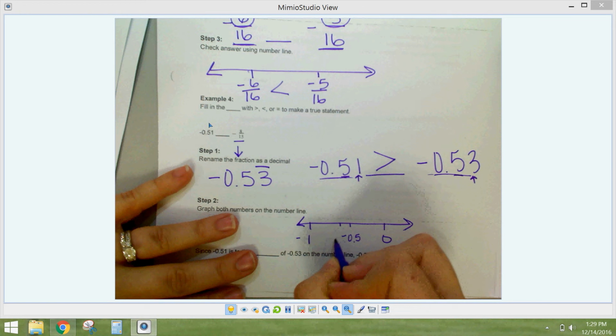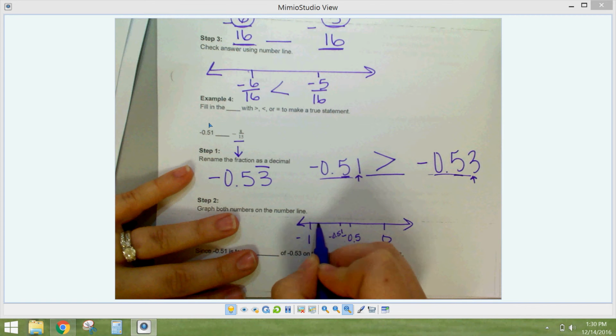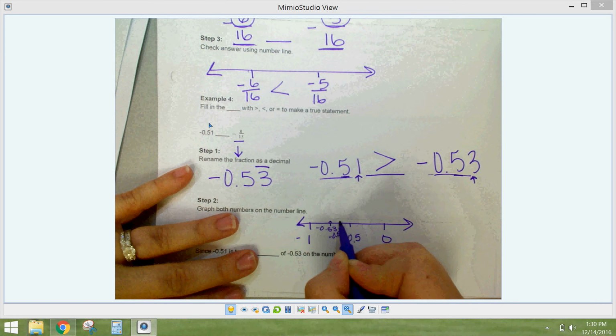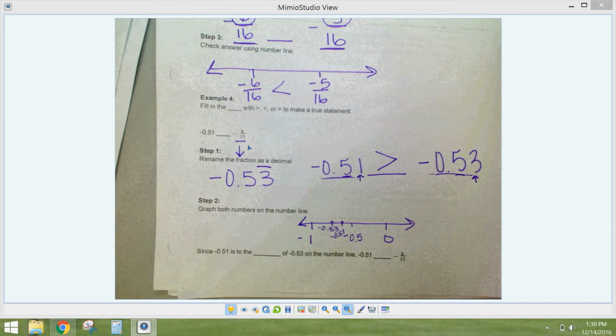So it would be -0.51 and then right over here, -0.53. So since -0.53 is further to the left, that answer is left.